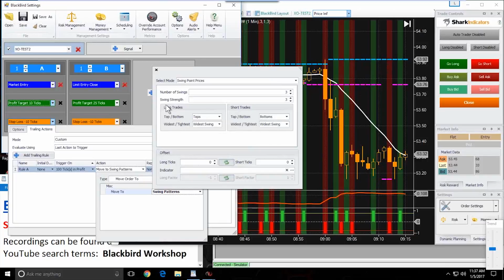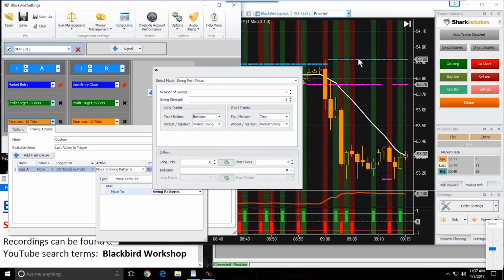And so let's see, for a long trade, if I'm going to use the swing points for my stop loss, then I'm going to need to make a change. So for a long trade, I'm actually going to want to use one of the bottom swing points, and I'll want to use one of the widest swing points.